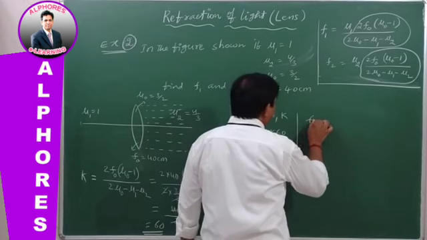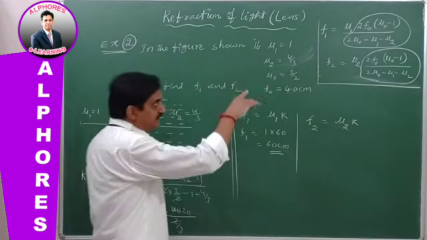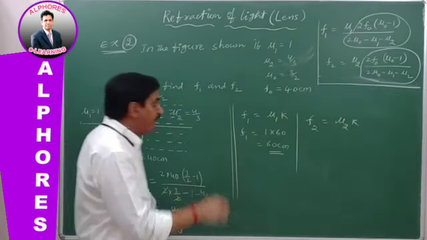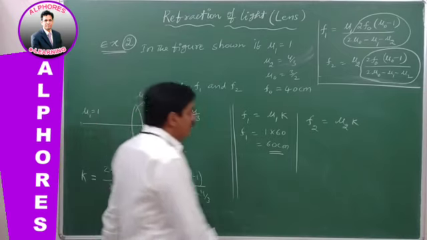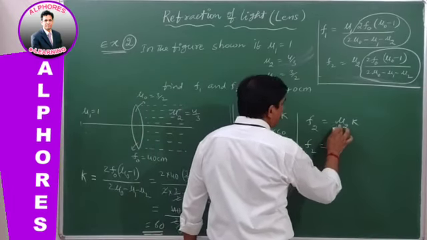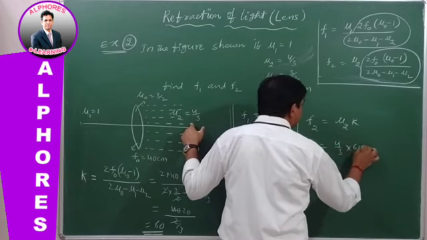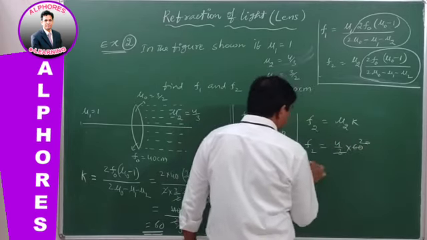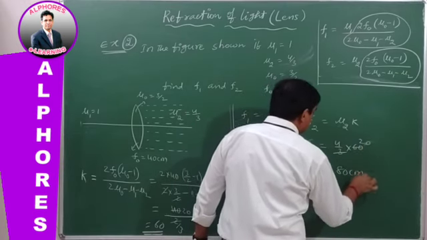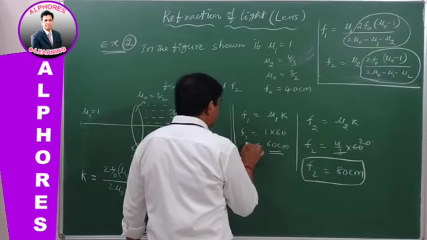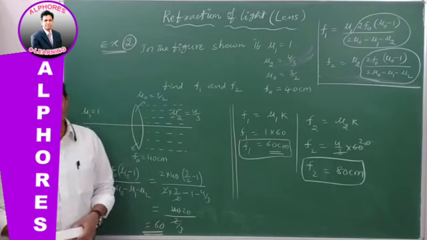And for the second focus point, f2 is equal to mu2 into the constant k. That constant is the same for both. That is already calculated here, the k value, that is 60. Now f2 is equal to mu2, which is 4 by 3, into k, 60, 20. So how much is f2 giving? 80 centimeters.